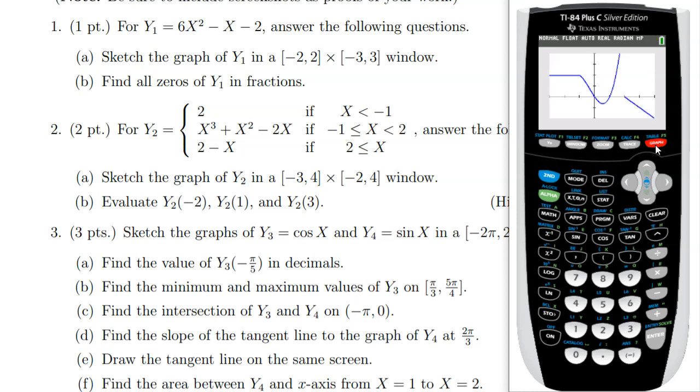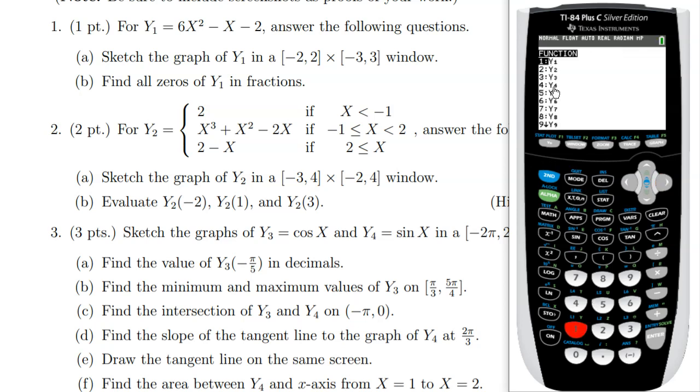So that's part A. Part B is we're going to evaluate these. In order to evaluate, I'm going to quit and go back to the regular screen, and then go to vars, y vars, and then function.